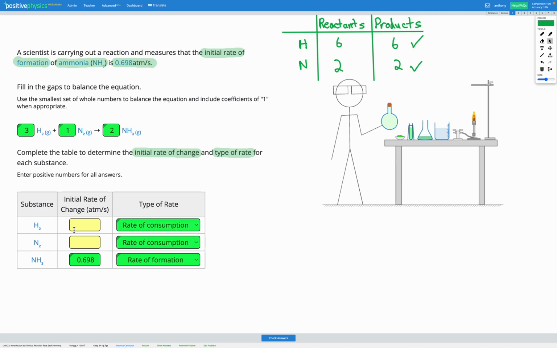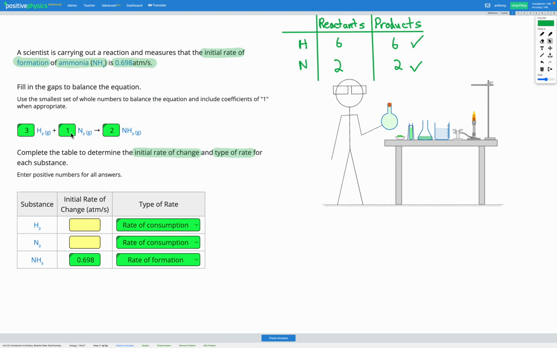Okay, all we need to do now is figure out what the rate of change will be for our hydrogen and our nitrogen. And we're using stoichiometry to do that because, looking at our balanced chemical equation, if I want to make 2 moles of ammonia, I need 1 mole of nitrogen. So it's not going to be the same rate.